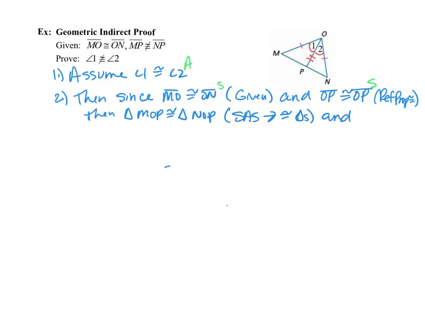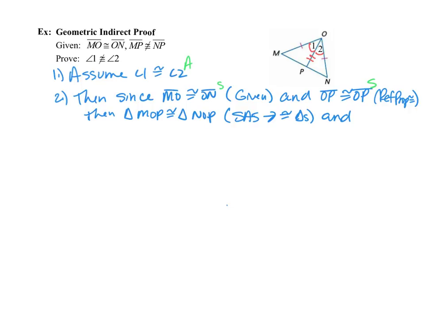And if that's true, then MP would have to be congruent to NP because of CPCTC. Okay, so that's our contradiction. We have reached the contradiction. Remember, you only have to find a contradiction of part of the given. I'm sorry, let me fix that.